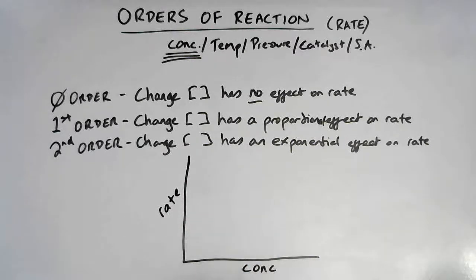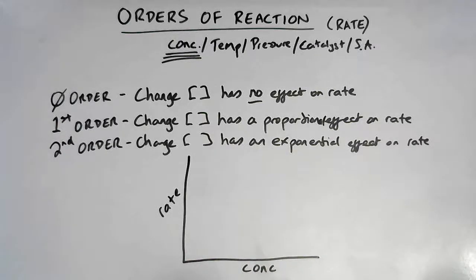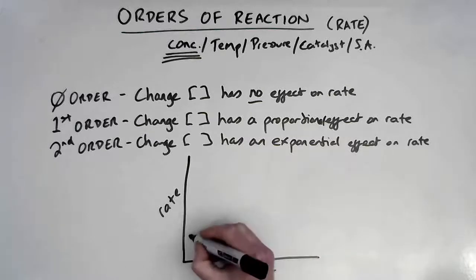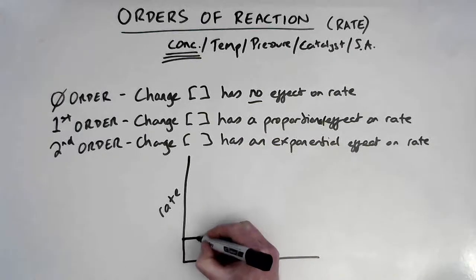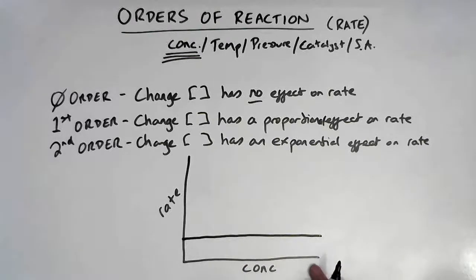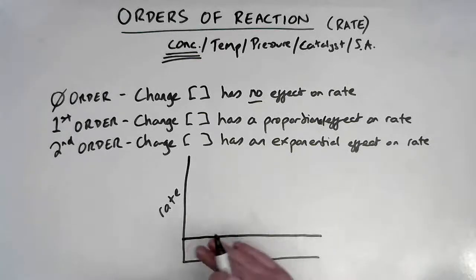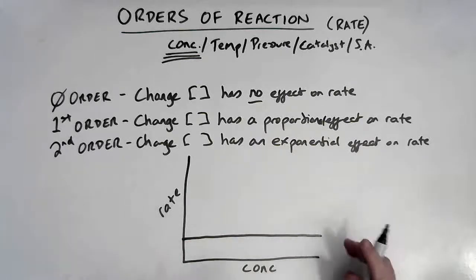If I was to draw a reaction that is zero order with respect to a particular reactant, then I keep increasing the concentration, but it doesn't matter how high the concentration is, it has no effect on the rate. So what we see is this flat line here. I can double, triple, quadruple the concentration, and it has no effect on rate whatsoever.